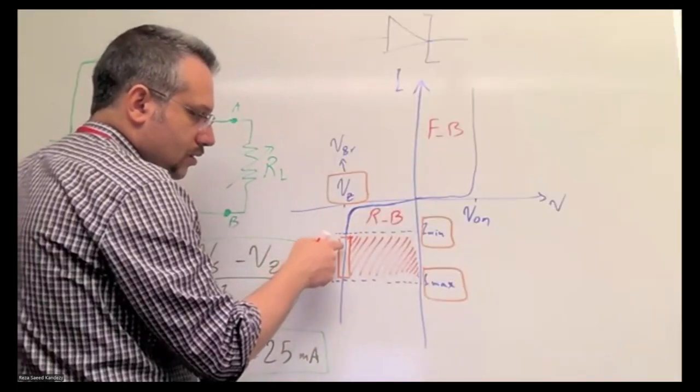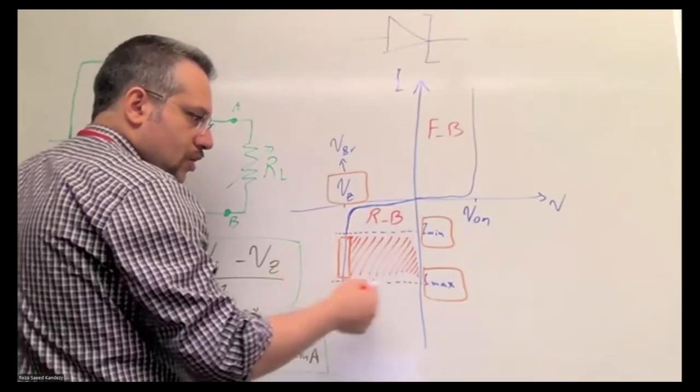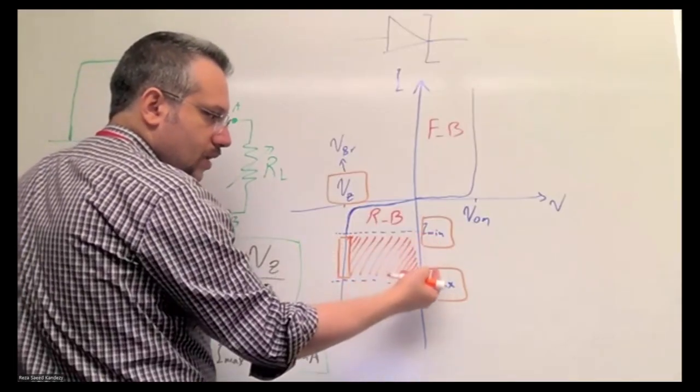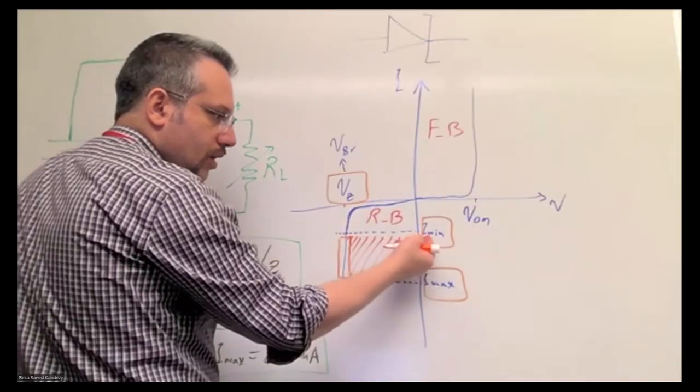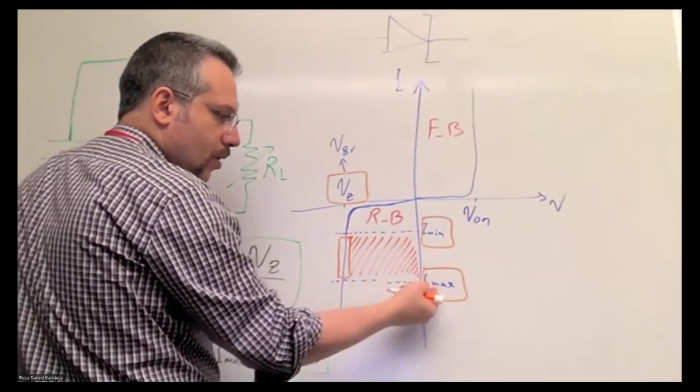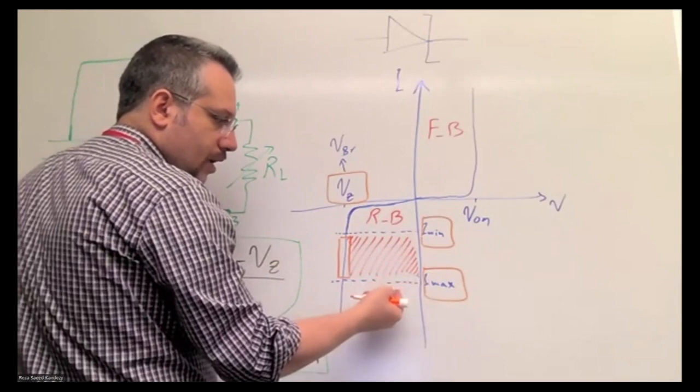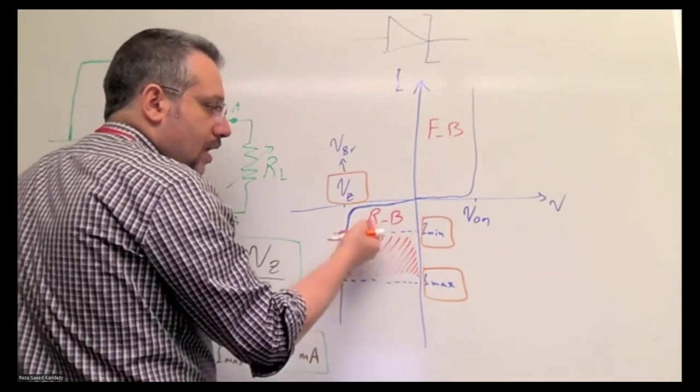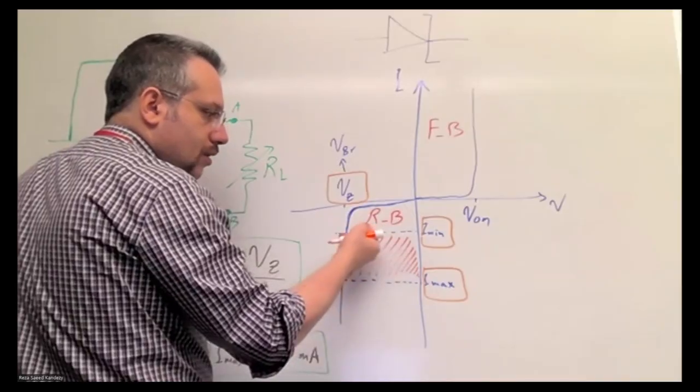We want to always remain in this region. So the current should be between the minimum current defined for the Zener and the maximum current defined again for the Zener. And we are working in reverse bias.